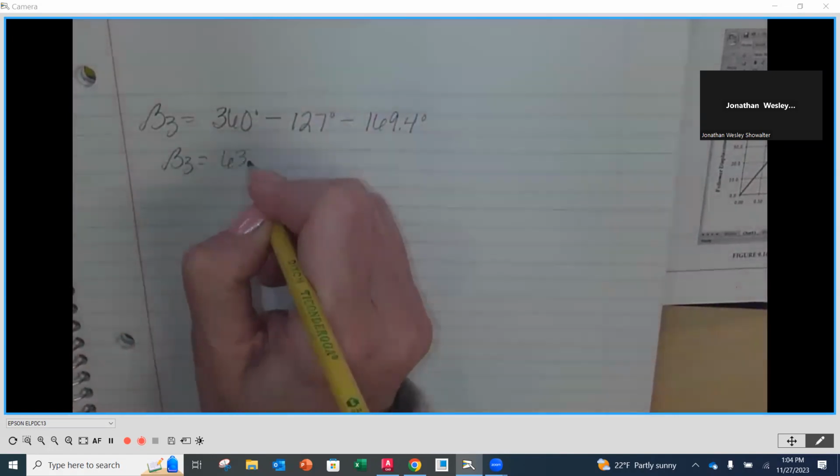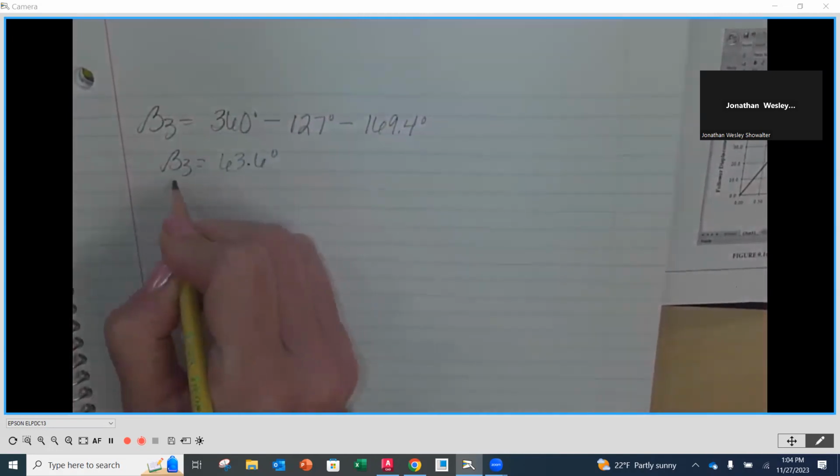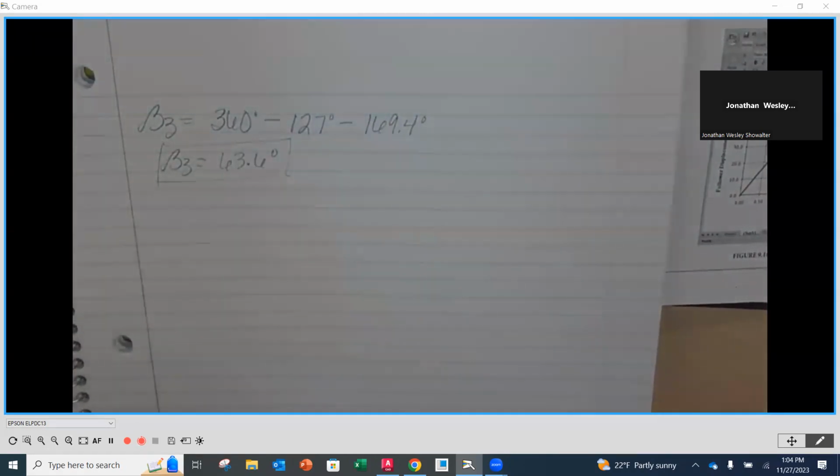You get 63.6 degrees as your beta 3. Again, just a little bit of rounding.